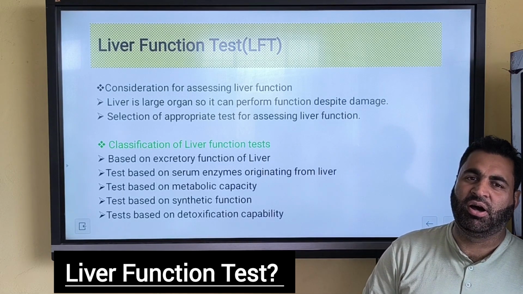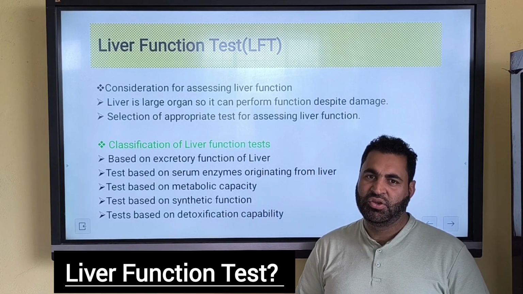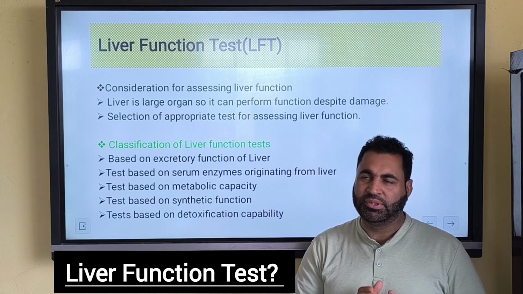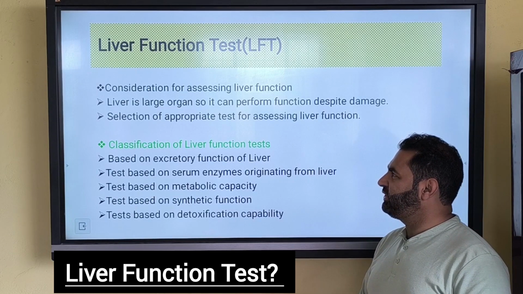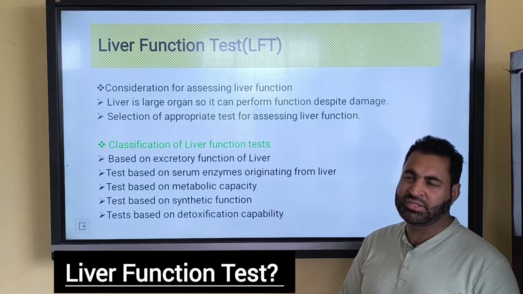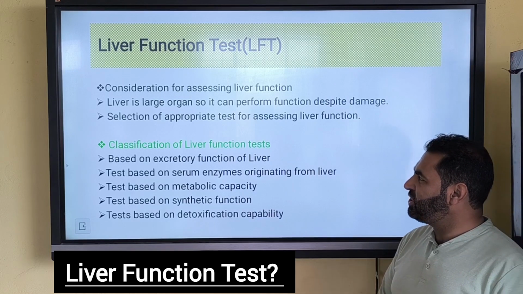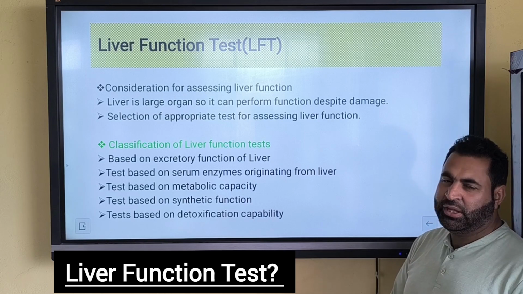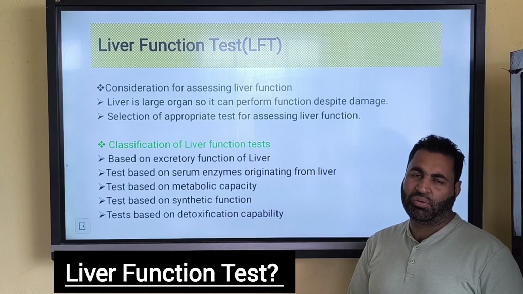Liver function tests are functional tests. These are diagnostic tests which help us in assessing the function of the liver. Before performing liver function tests, we have to keep some considerations in mind. One consideration is that the liver is a large organ, so it can perform functions despite damage.